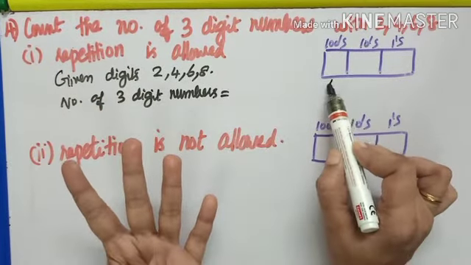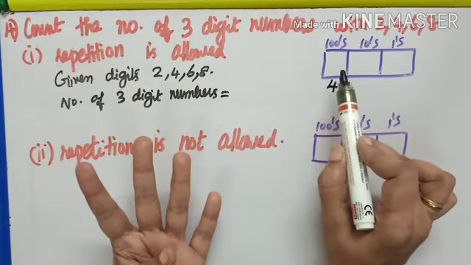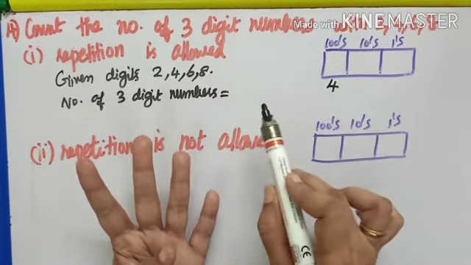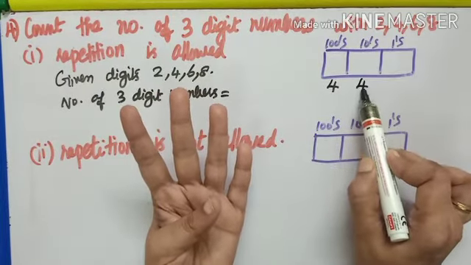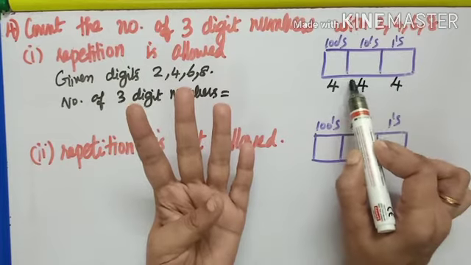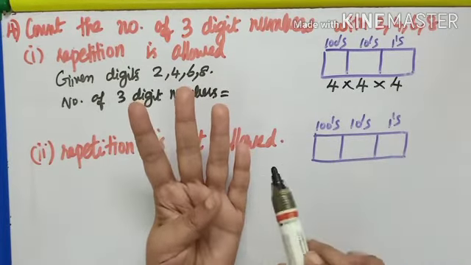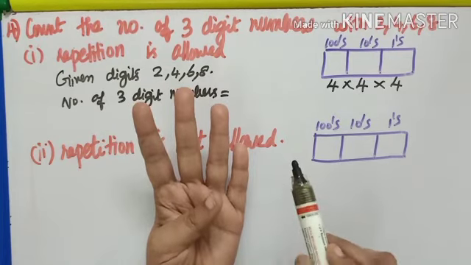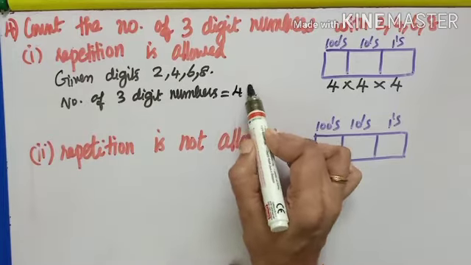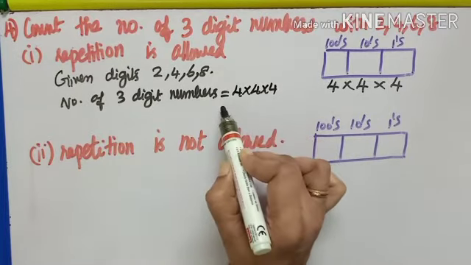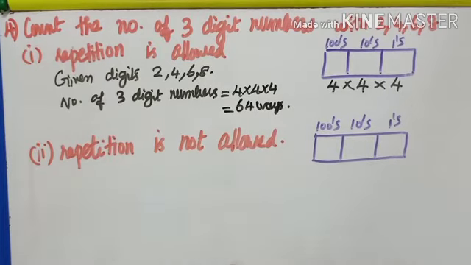Here 4 can come: 2, 4, 6, 8, anything can come. Repetition allowed tells me again 4 in my hand, so again 4 can come. Again 4 can come. So every time the 4 are available because I can repeat the digits. So what is my answer? 4 into 4 into 4, 64 ways we can finish it.